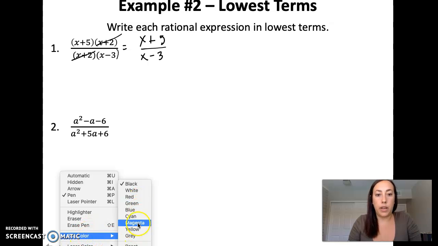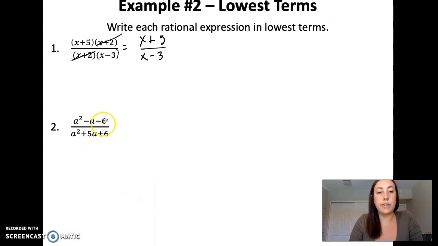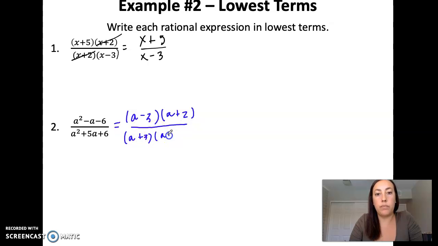Okay, for the next one, we have a squared minus a minus 6 over a squared plus 5a plus 6. So this is another one where we're going to need to factor in order to be able to see what we can cancel and what we leave. This one factors to be a minus 3 times a plus 2, and on bottom that factors to be a plus 3, a plus 2.